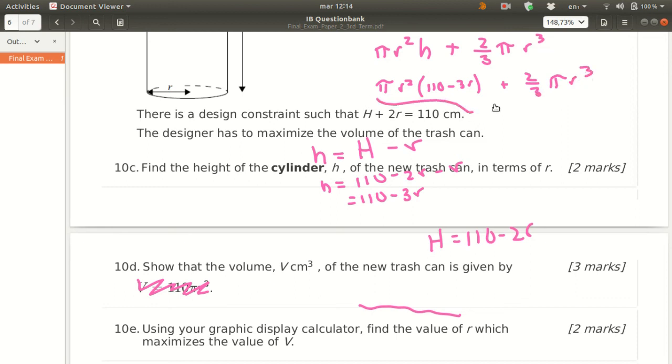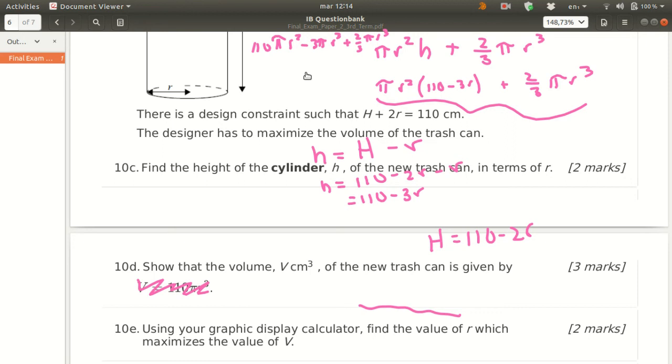So if you got up to here, I gave you the marks because this is correct. Okay. Of course, you can simplify this a little bit, so it would be 110 pi r squared minus 3 pi r cubed plus 2/3 pi r cubed. So again, you can simplify this part a little bit more and obtain some other answer.